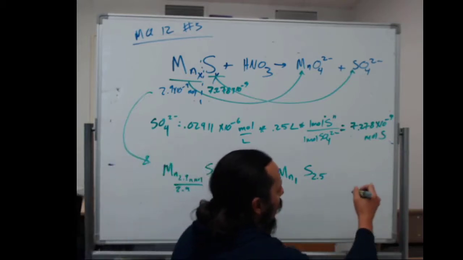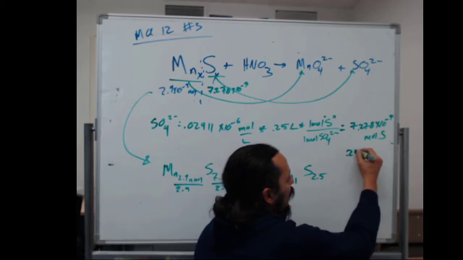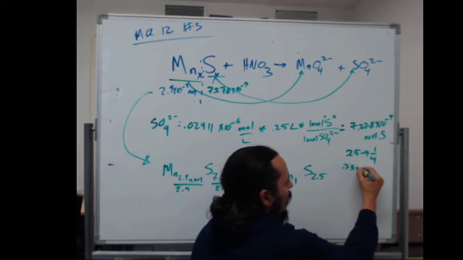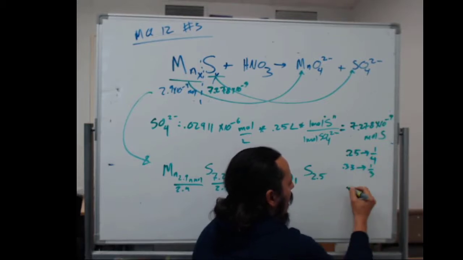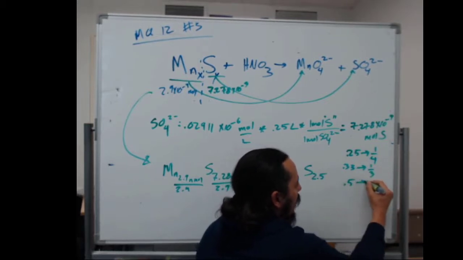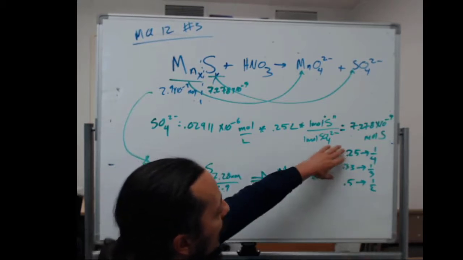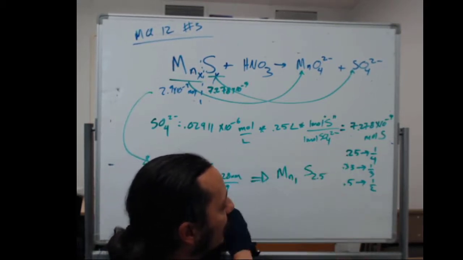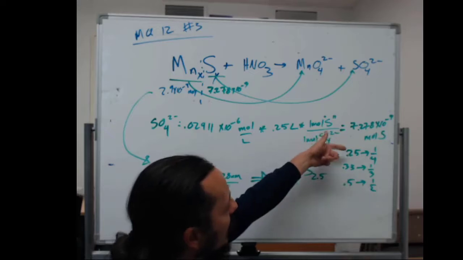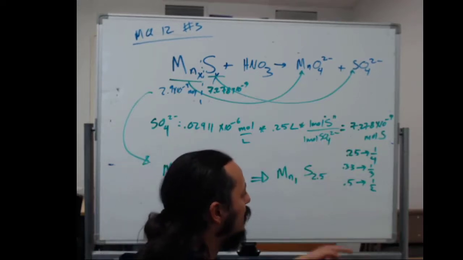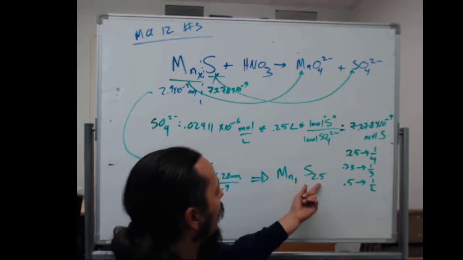And the things I think about is 0.25 is 1/4, 0.33 is 1/3, and 0.5 is 1/2. So I'm going to be looking for things like 0.25, 0.33, and 0.5, or 0.75 or 0.66, those things that I can relate to fractions. So this is like 2.5.